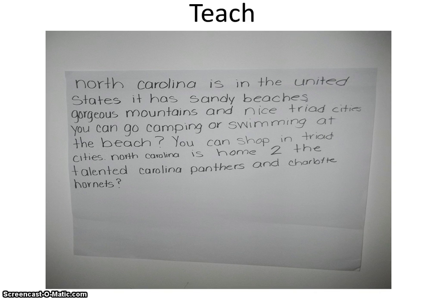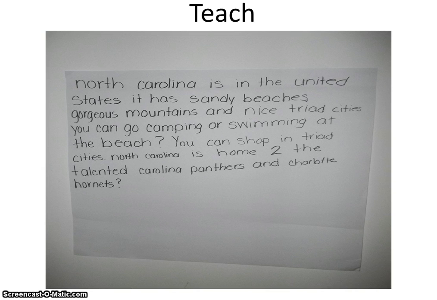You can shop in triad cities. I think a lot of you agree that that sentence was correct. North Carolina is home to the talented Carolina Panthers and Charlotte Hornets. If you take a look at that sentence, you'll see that North Carolina once again needs to be capitalized. That number 2 is in the middle of this writing, but we need to write it as T-W-O and not put the number 2 in there.